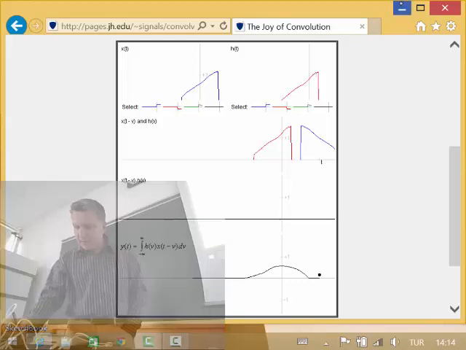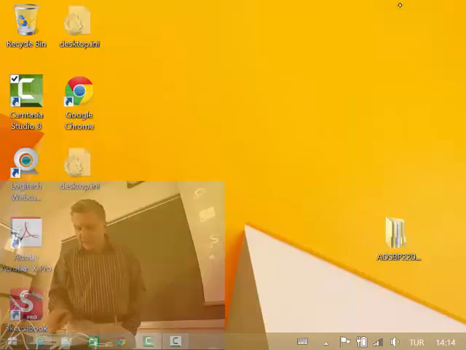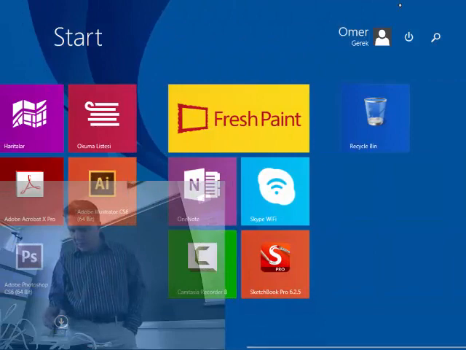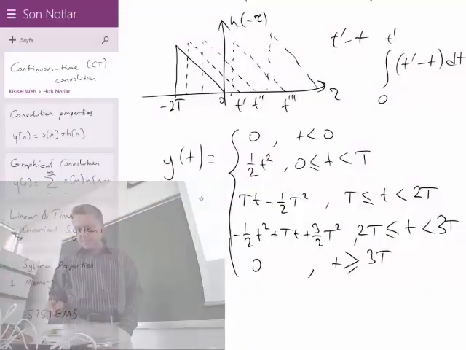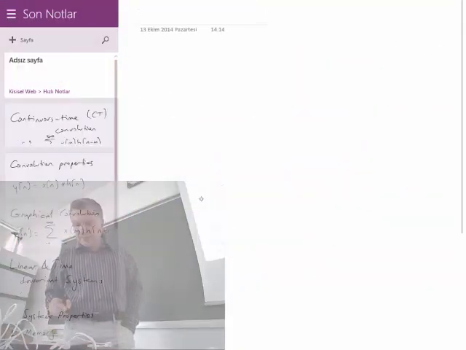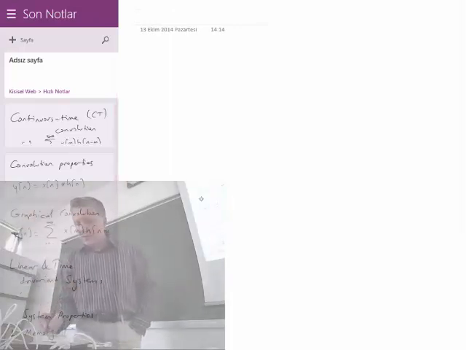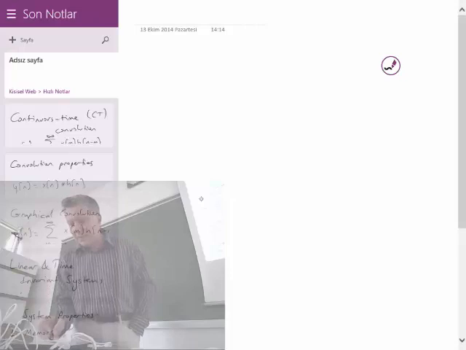Let me close this and then I'll try to open the OneNote application again, the new page. So the thing that I'm trying to express is something like this.